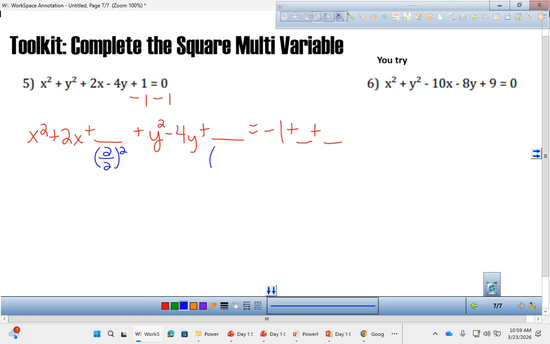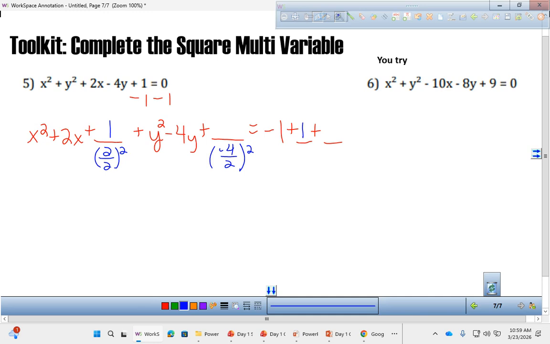And this number is half of the middle number squared. Same idea here, right? If I want to split that 2 up perfectly, it's 1 and 1. And then squaring that, 1 squared is just 1. If I add that to this side, I've got to do that here too, though, right? So whatever I do to the left, I have to do to the right.